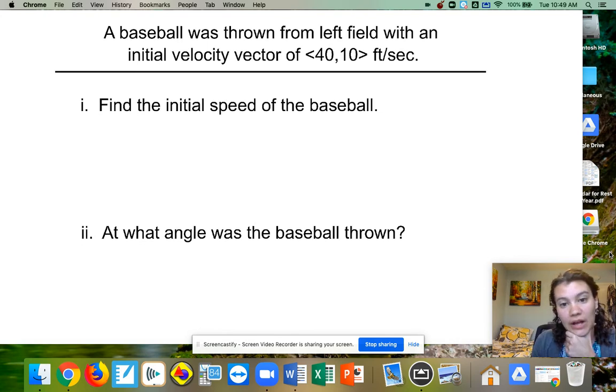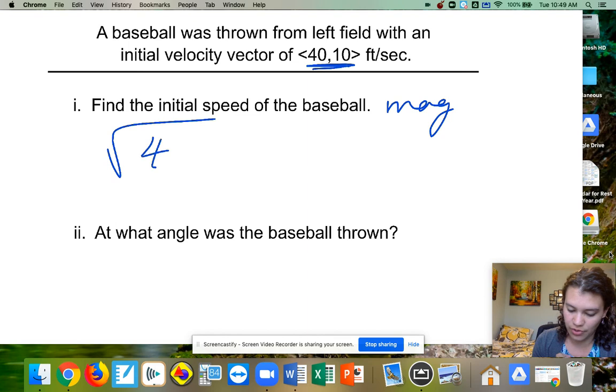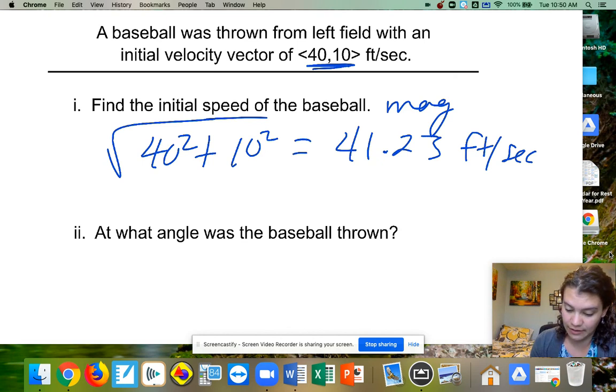Okay, now it gives us the vector, and we want to go back to magnitude and direction. So initial speed, this is your magnitude. So 40 squared plus 10 squared, take the square root, and you'll get 41.23 feet per second. Okay, so how do you find the angle?